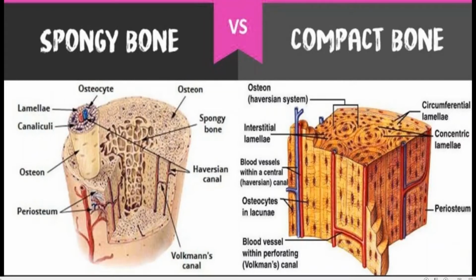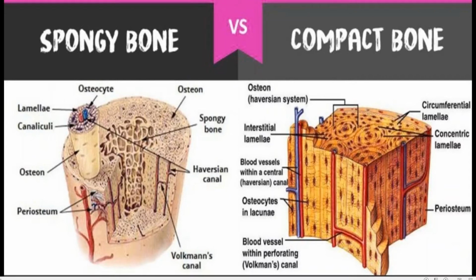So in spongy bone, the functional unit is trabeculae, while in compact bone, the functional unit is the Haversian canal system. The second part is circumferential lamellae, which has an outer lamellae and an inner lamellae.